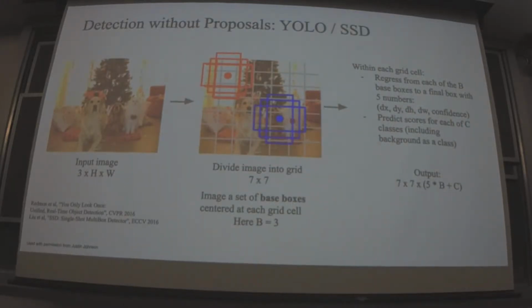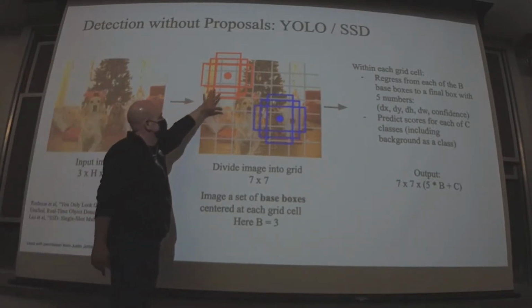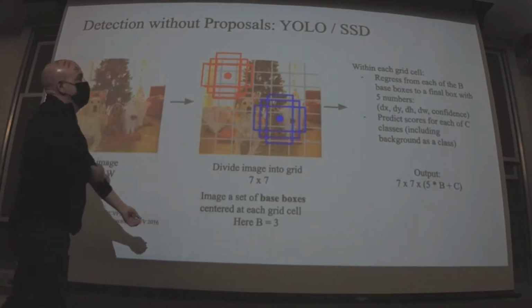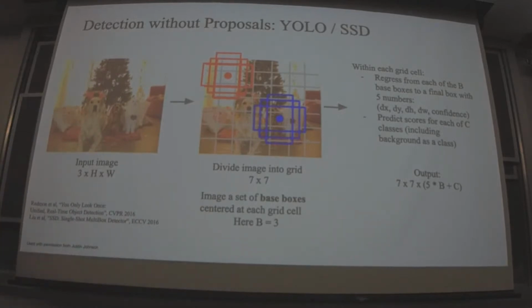There are ways of doing this without proposals. You might have heard of YOLO networks. I think it's up to version 5 these days. It stands for You Only Look Once, not You Only Live Once. The idea is similar to how the region proposal network works, but you have these predetermined bounding boxes, and for each of those you decide if there's an object in there or not.